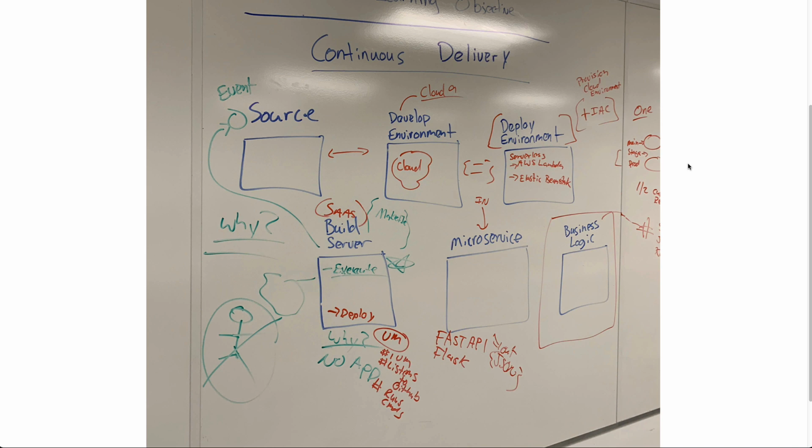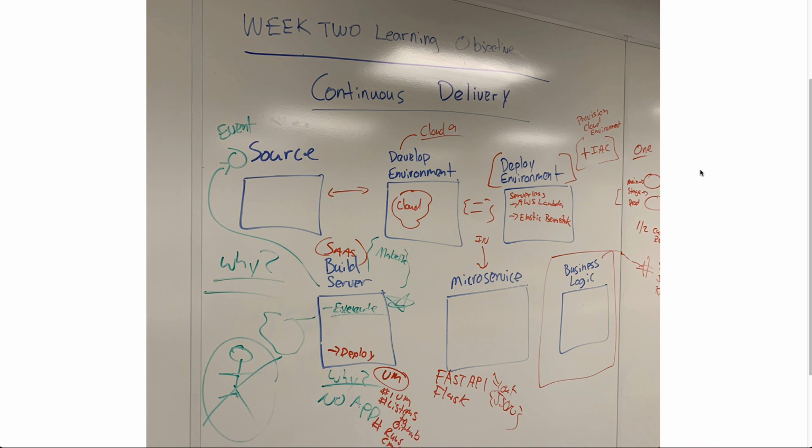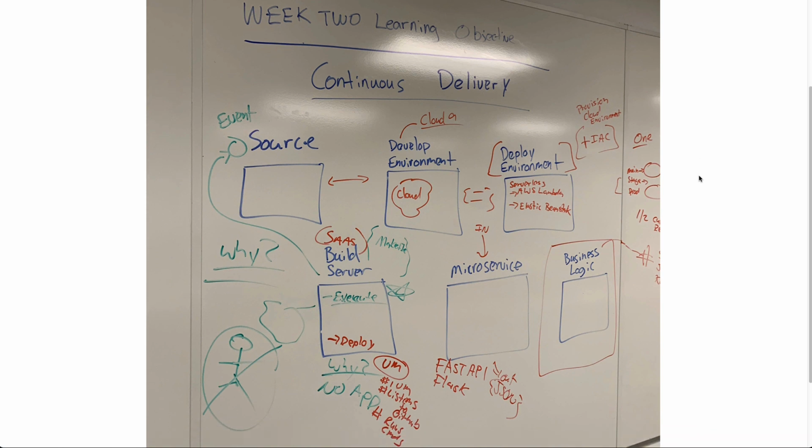So basically, if you take a look at this, this is something that I call the 6 components of continuous delivery. And I think it oftentimes comes as a shock to a data scientist because they've only been focusing on this business logic here, right? They're focused on the Jupyter Notebook, or they're focused on Kaggle.